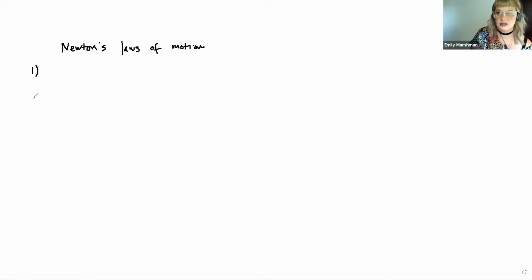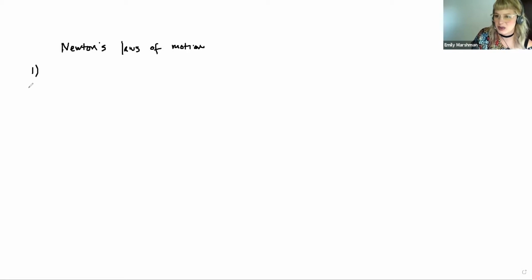So Newton has 3 laws of motion. His first law states that an object remains at rest or in uniform motion in a straight line unless it is compelled to change by an externally imposed force.